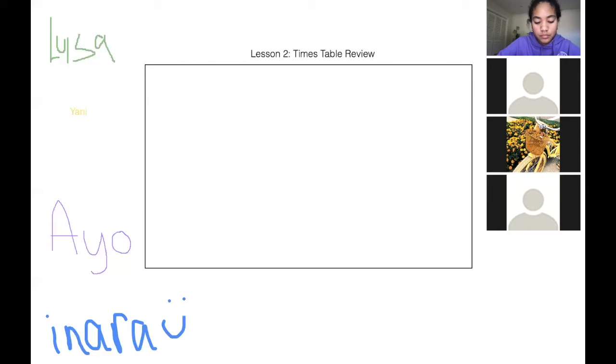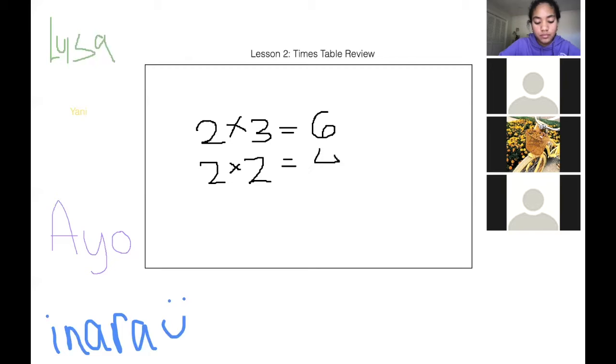So for example, if you do 2 times 3 again, 6 is a multiple of 2, and 6 is an even number. Or if you go 2 times 2, 4 is a multiple of 2, and that's an even number as well.